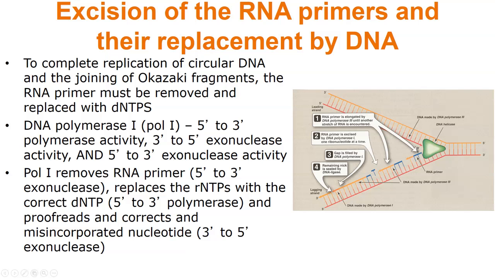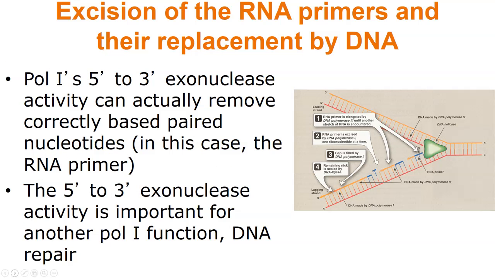So it basically patches up all the places where those RNA primers are. It patches it up with DNA, and it does that by its 5' to 3' polymerase activity, also proofreads with its 3' to 5' exonuclease activity, and removes the RNA primers with its 5' to 3' exonuclease activity.